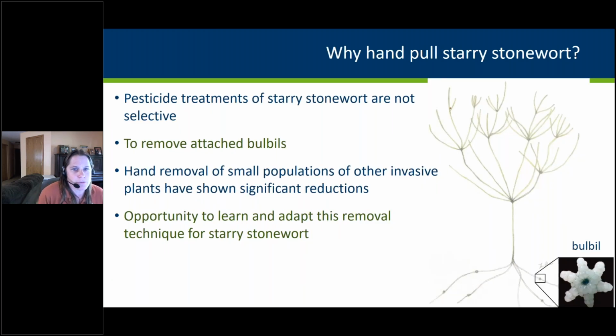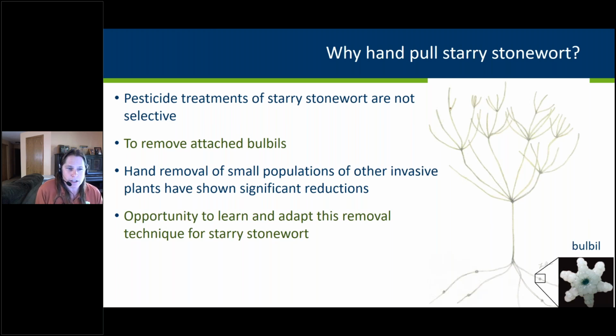So why did we decide to pull starry stonewort? Well, Grand Lake has a lot of native stoneworts at the management site, and we felt that pesticide treatments would not be a good choice because it's not selective. Copper does damage some of the native charophytes that are in this lake.